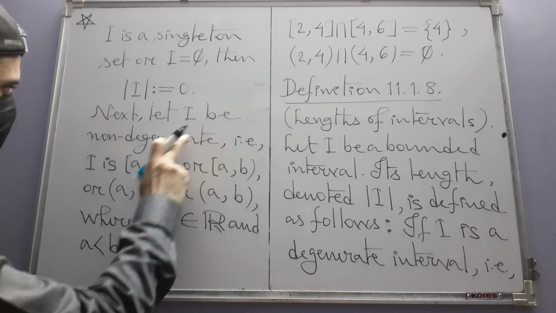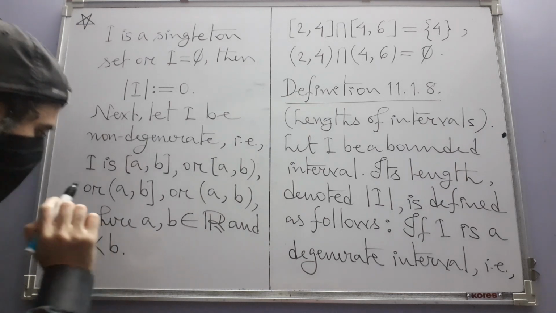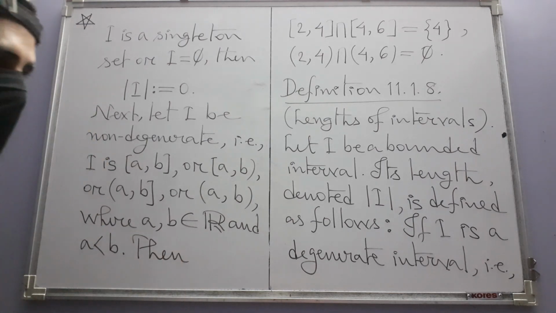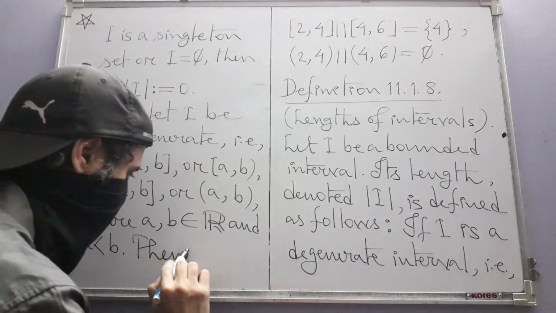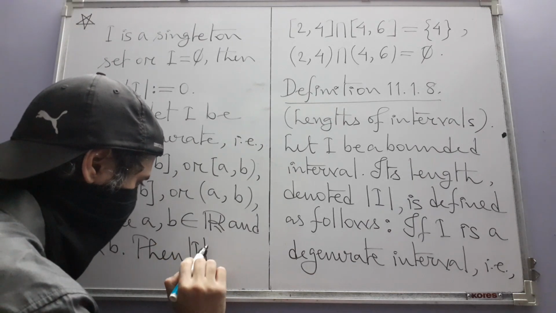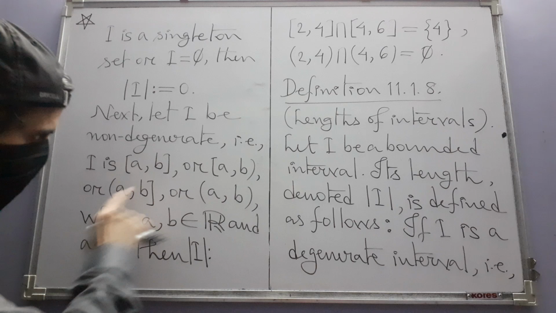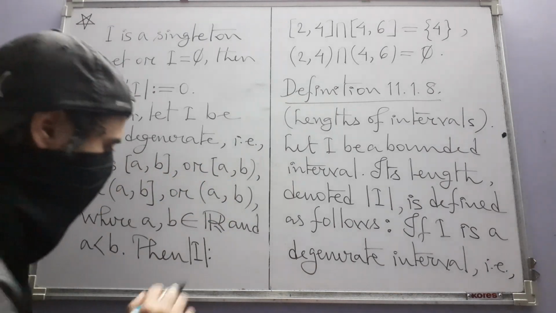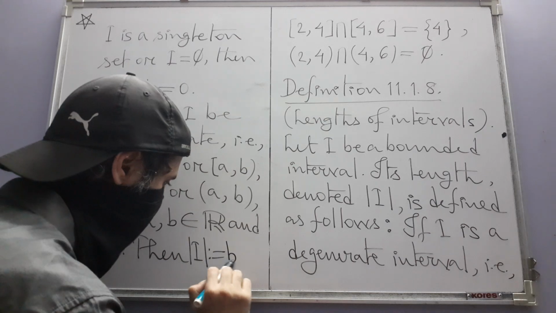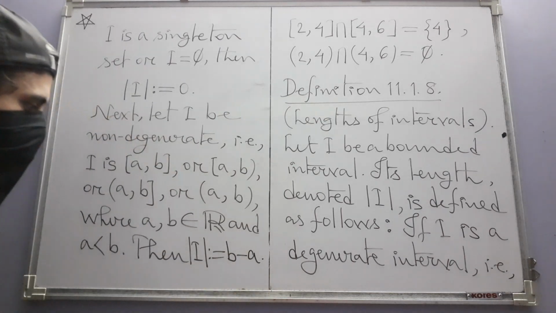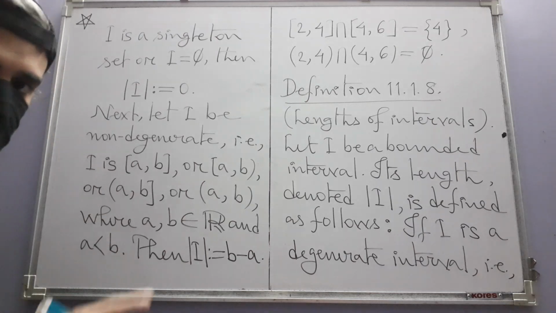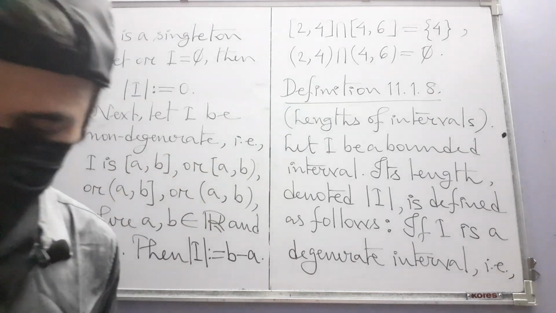Then the length of I, in all of these 4 cases, no matter what form of interval I is, is defined to be equal to the number b minus a, and you understand why. So the next example will illustrate that.